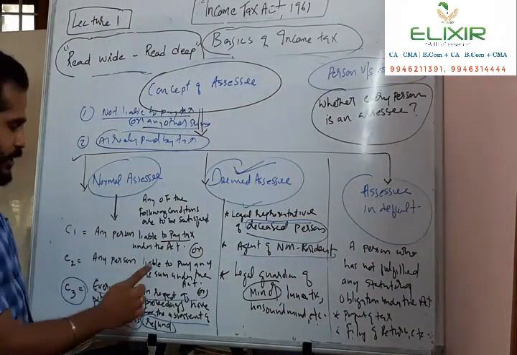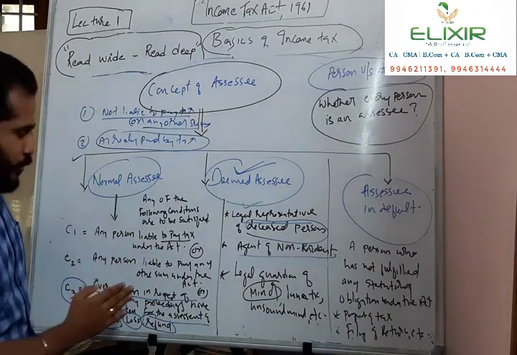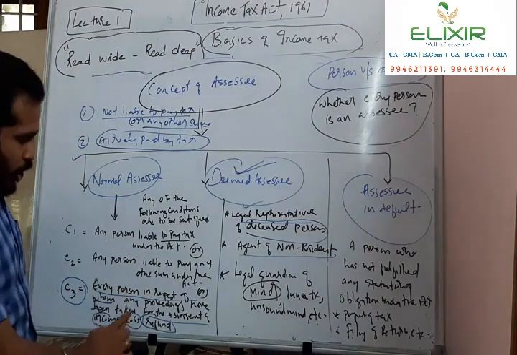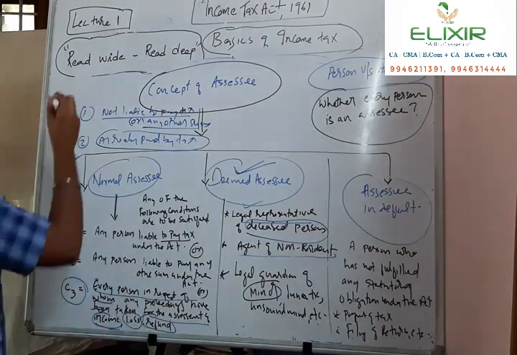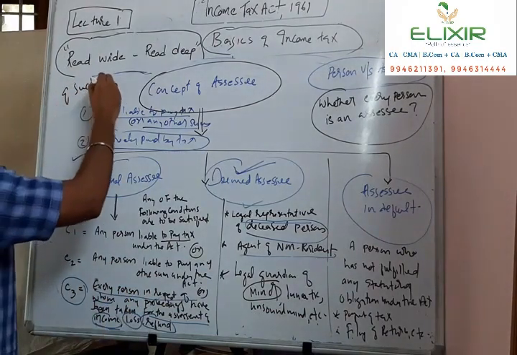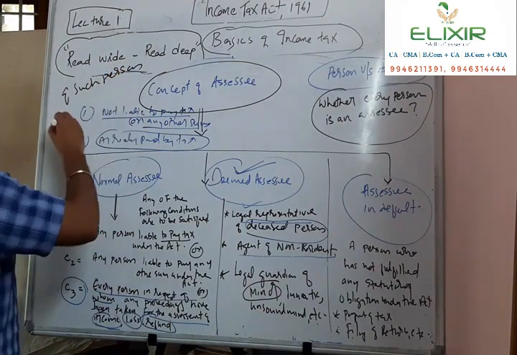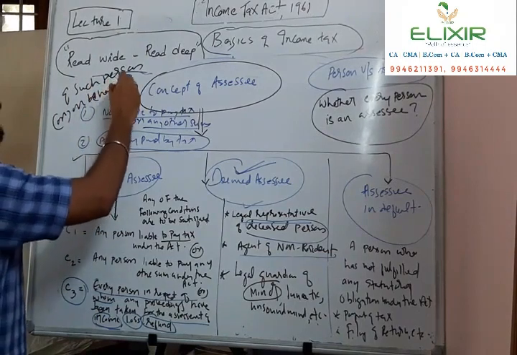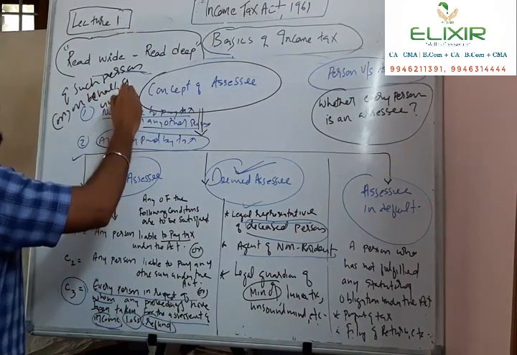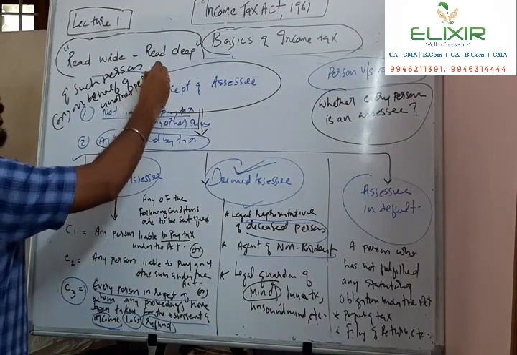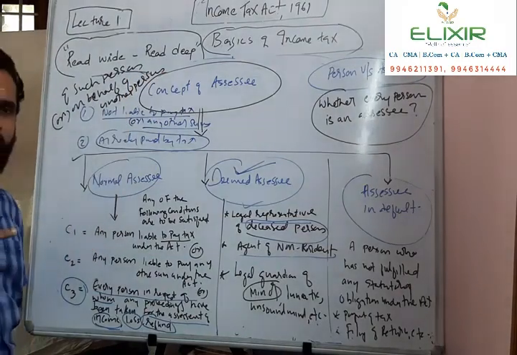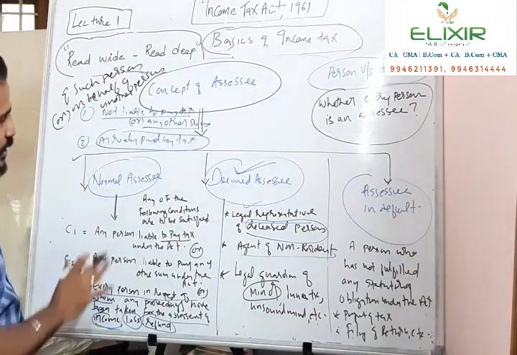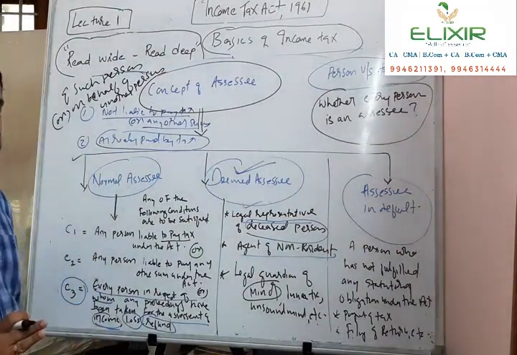Every person in respect of whom any proceedings have been taken for the assessment of income, loss, refund of such person or on behalf of another person. That means he will be deemed to be an assessee of other person, still he is treated as assessee. So this is the concept of normal assessee.